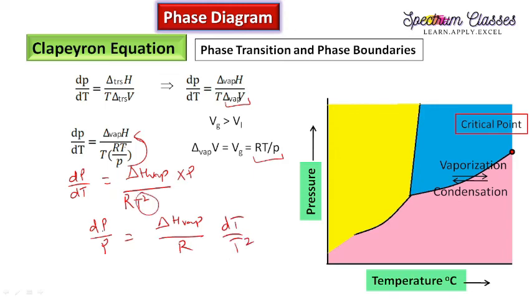And this dP upon P is written as d ln P, as we did in my previous slide for d ln T.